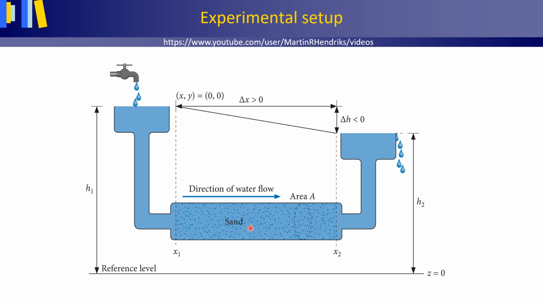The water level in the left reservoir is kept at a constant elevation h1 by letting water spill over the edge. Similarly, the water in the right reservoir, which is recharged by the water moving through the cylinder, is kept at a constant elevation h2.